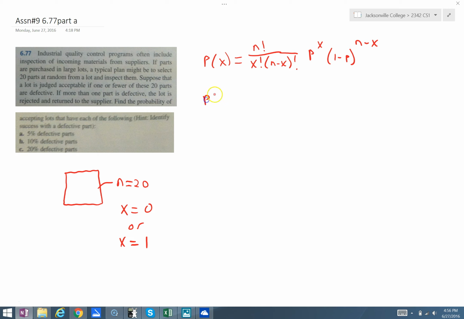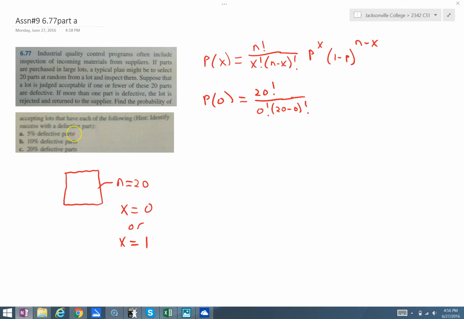The probability that 0, x is 0, are defective: n's our total, that's 20 factorial. X, again, is 0. By definition, 0 factorial is 1. Again, watch the first video to help with this. N in this case, still 20. X being 0. All right. P is our probability of success.